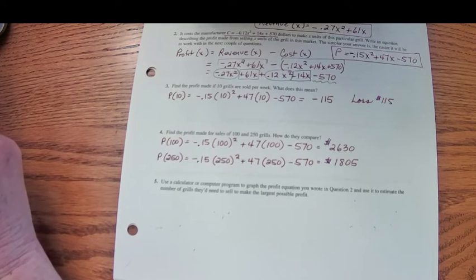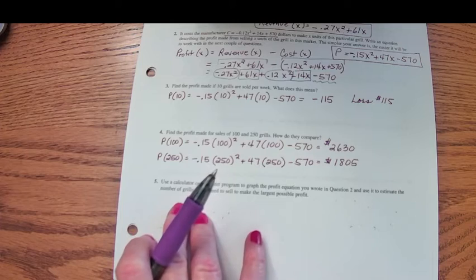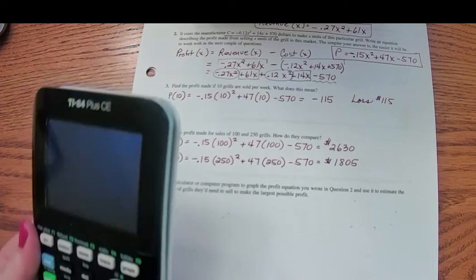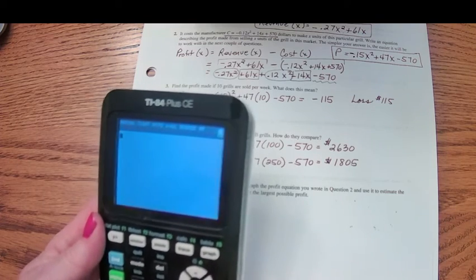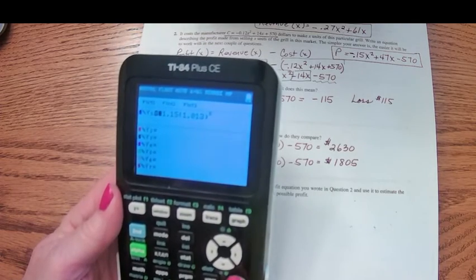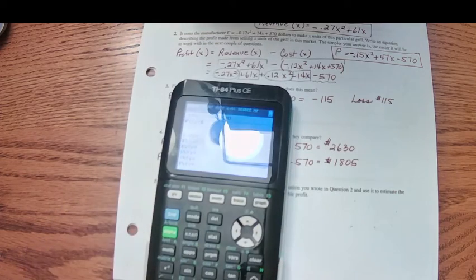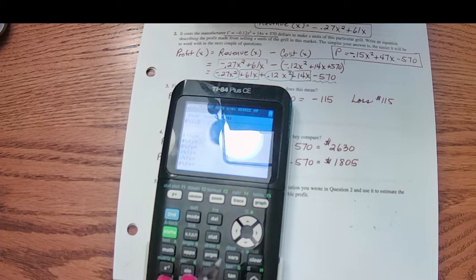All right, so we're going to use a calculator or a computer to, number 5, graph this equation. So we're going to go on our calculator. We'll clear that out. We're going to go into the y function, and let's put in negative 0.15 x squared plus 47x minus 570.